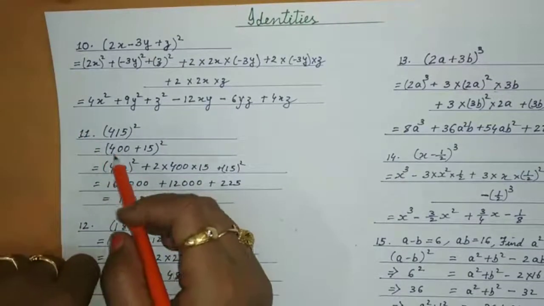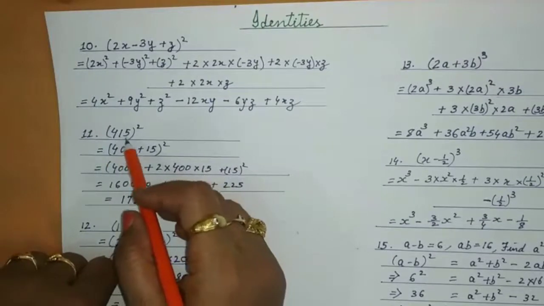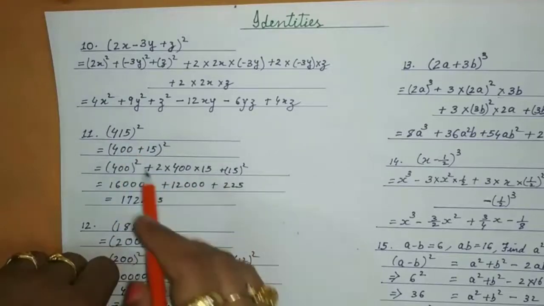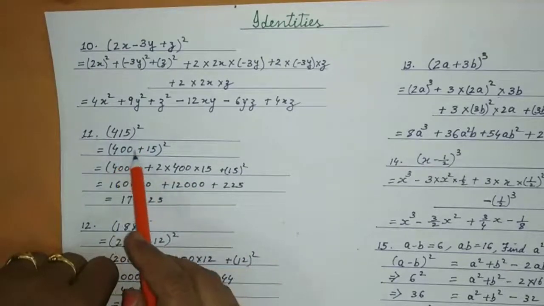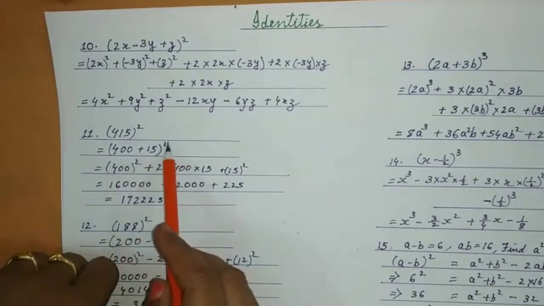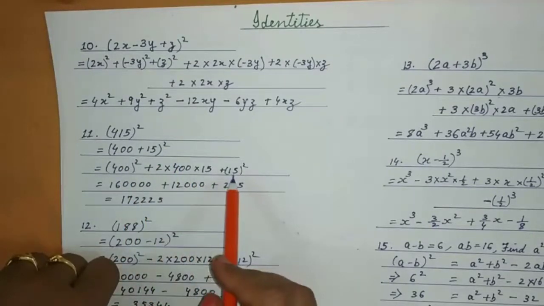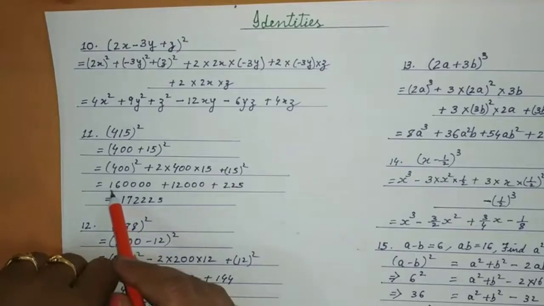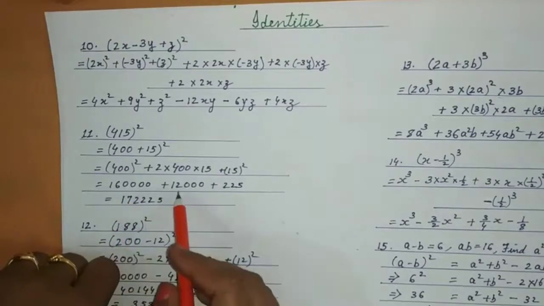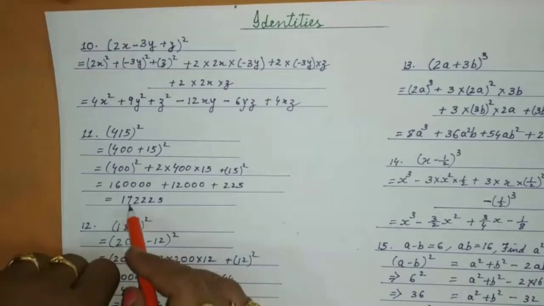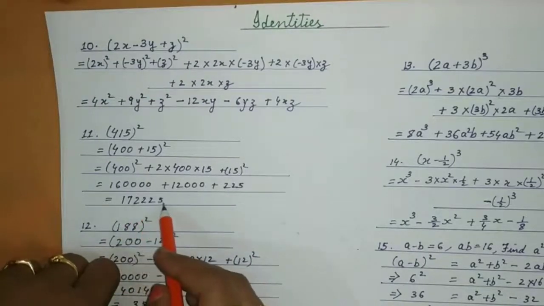Question number 11. If your question is 415², instead of multiplying, you have to put it into the formula base, that is (400 + 15)², that is (a + b)², which is a² + 2ab + b², that is 1,60,000, 12,000 and 225 added, you get 1,72,225.